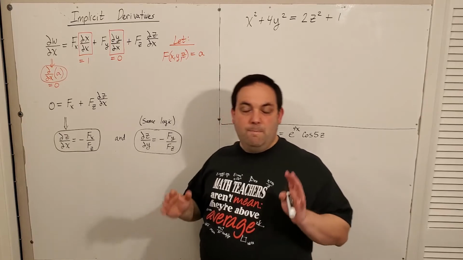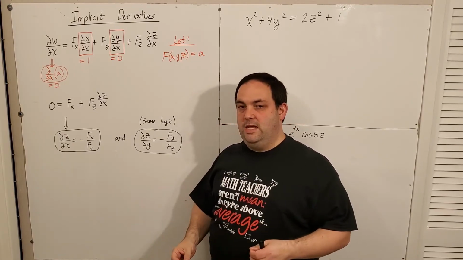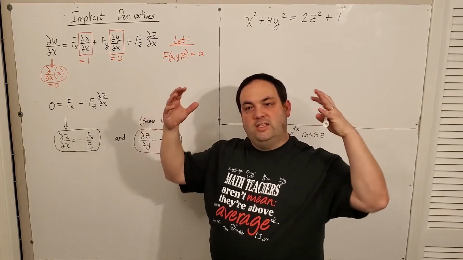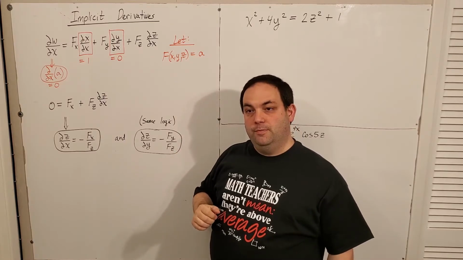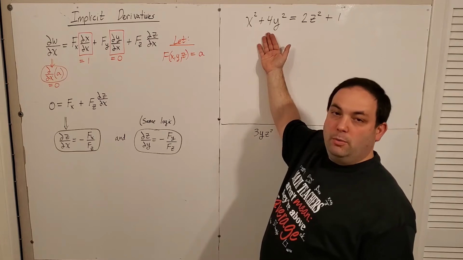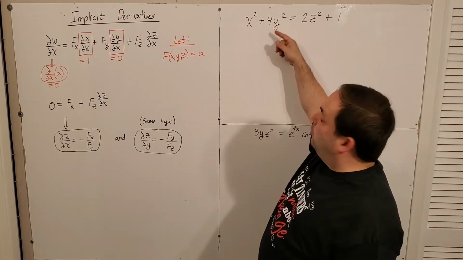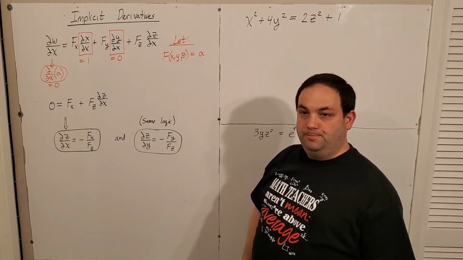Imagine I've got some messy function that I don't feel like solving for z, but I can write it as some expression in x, y, and z equal to some number. Essentially like this, right? This is a hyperboloid of one sheet, right? Because I have the negative 2z squared there.